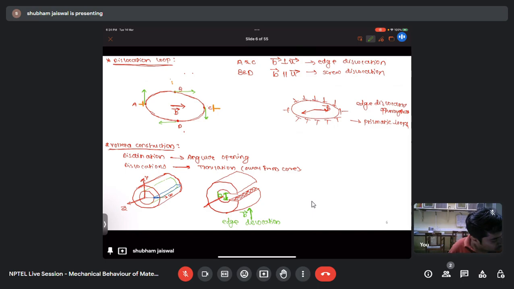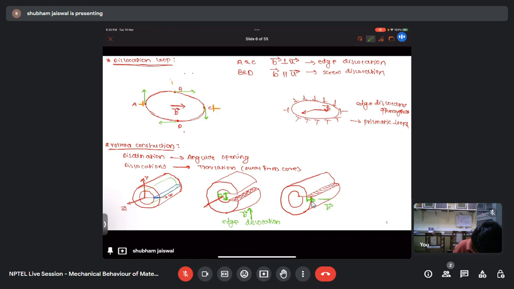Now, what will happen if we move it in the x direction? So this displacement, let's say it's b.